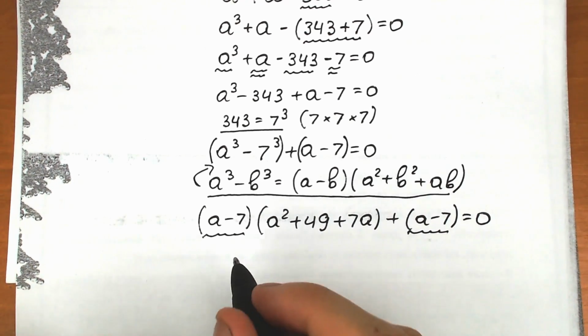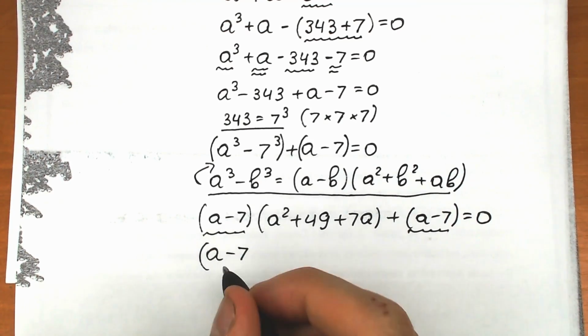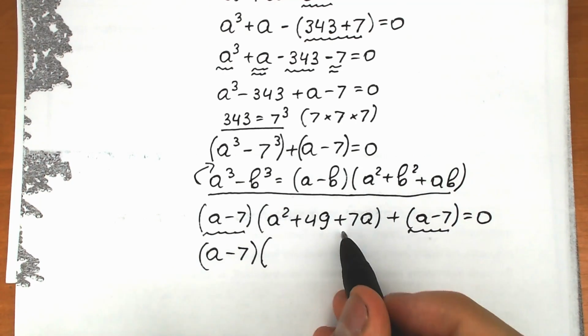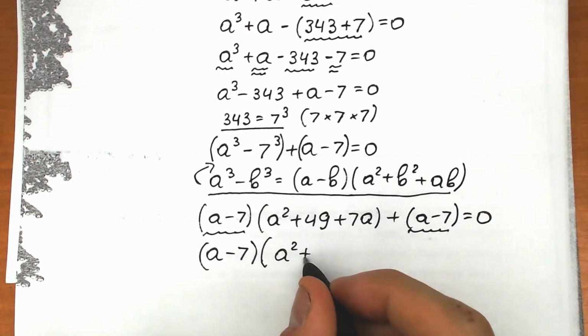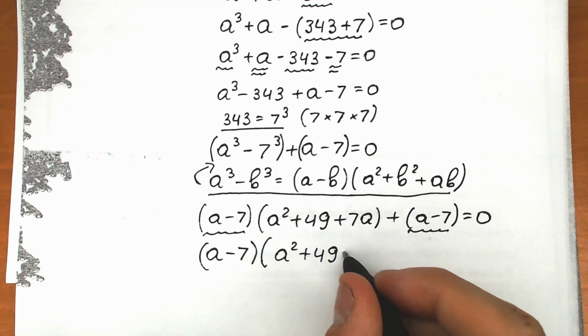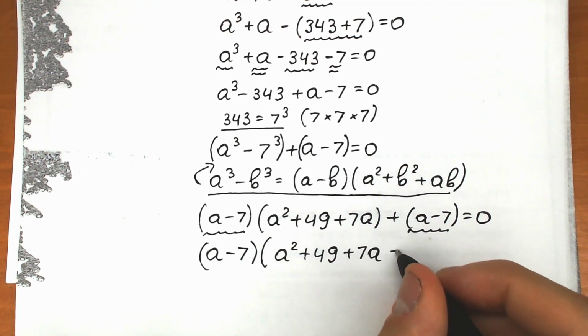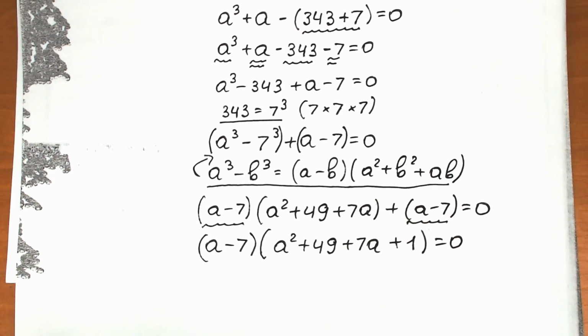Let's do this. So a minus 7, let's factor it. We have a minus 7 inside parentheses, and inside another parentheses we have this expression plus 1 from here. So we have a square plus 49 plus 7a and plus 1 from here, which is equal to 0. Right now let's simplify this a little bit.